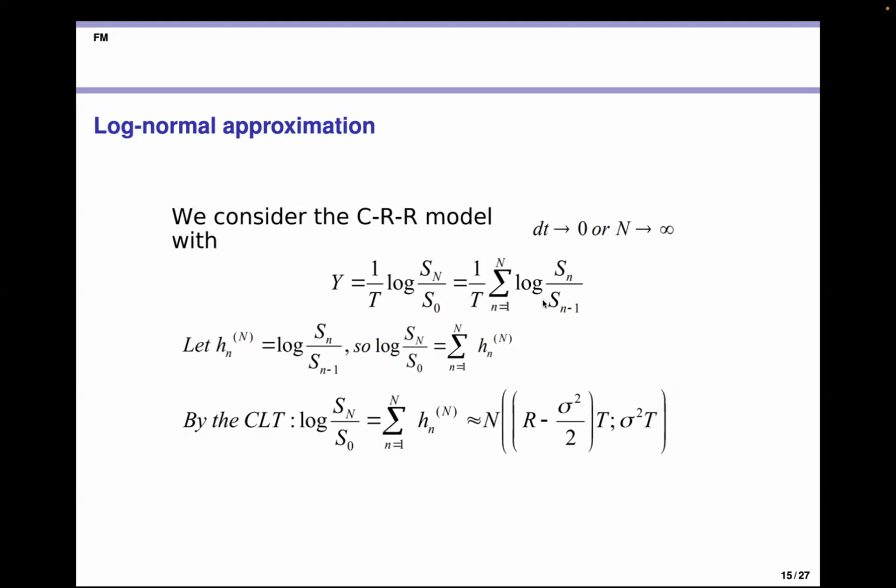And we can write this like a sum of independent values. We can denote these values like h sub n. So this log is the sum of hn.